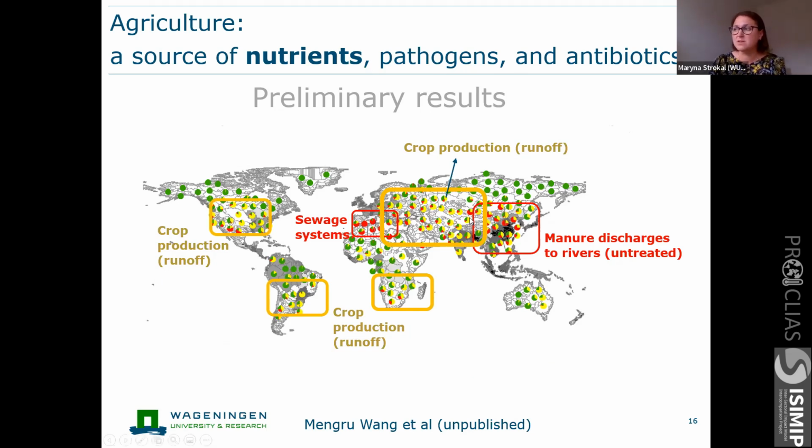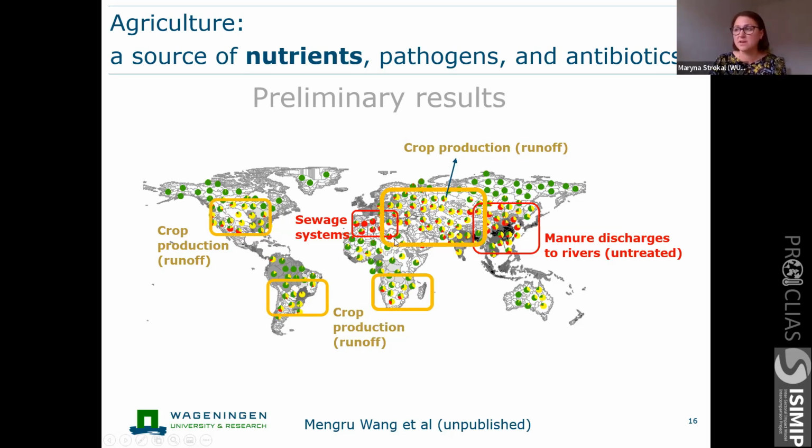In the middle of Europe and here also in Asia, a lot of yellow colors, and that's the crop production runoff from crop fields. Also in Africa and in some sub-basins of North and South America.